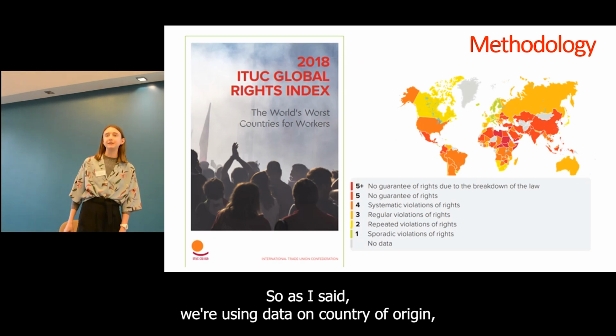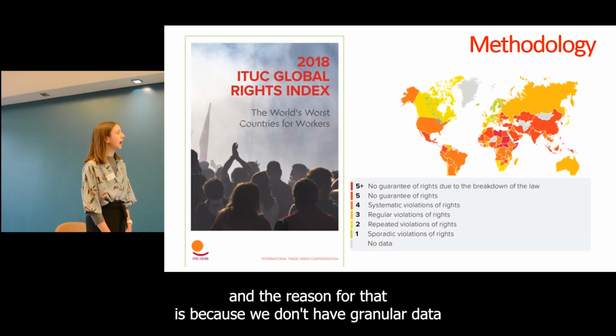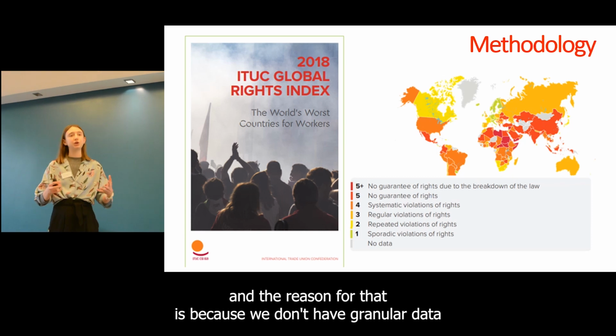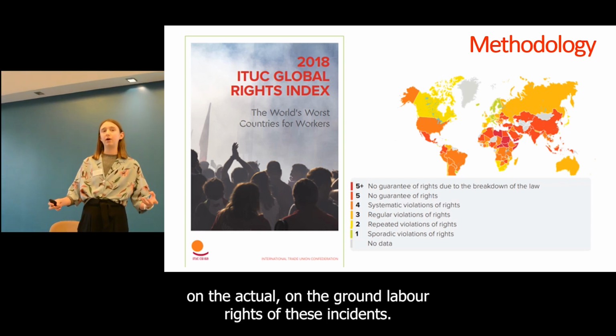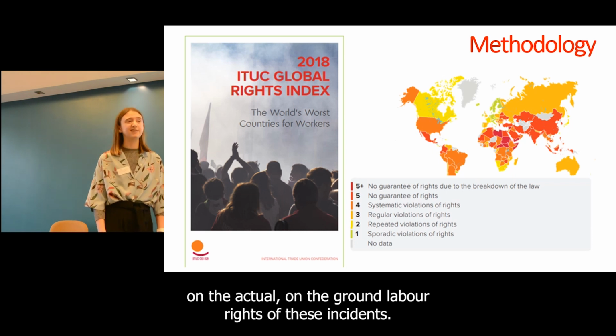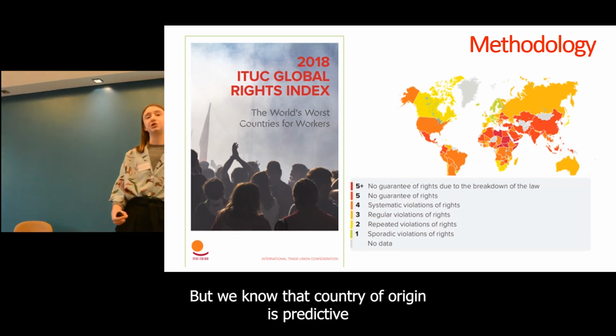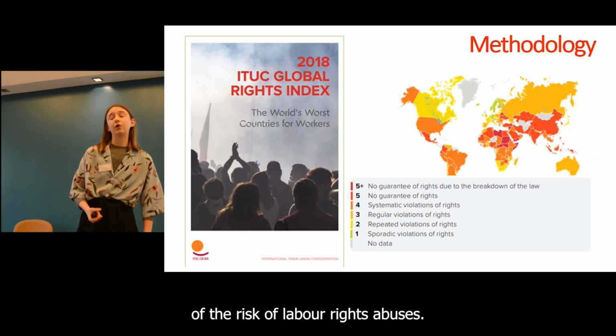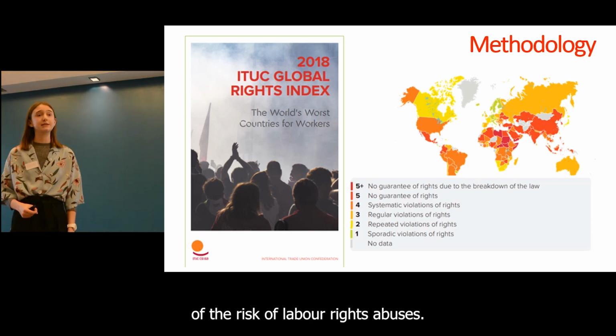So as I said, we're using data on country of origin. The reason for that is because we don't have granular data on the actual on-the-ground labour rights abuse incidents, but we know that country of origin is predictive of the risk of labour rights abuses.